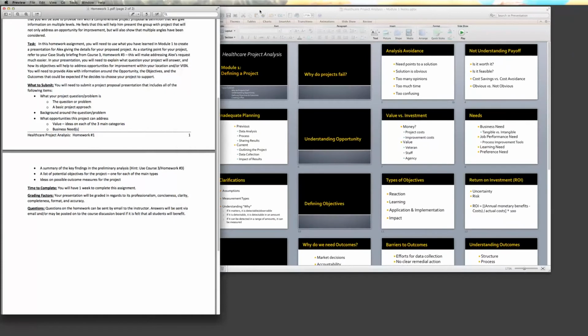I do want to go, good question about how long should it be? It kind of depends on the project, which I know sounds like an answer that I'm totally trying to avoid giving. But what I would say is a general way to approach it, if you think about way back in course 1 when we talked about what a PowerPoint presentation should look like, right?